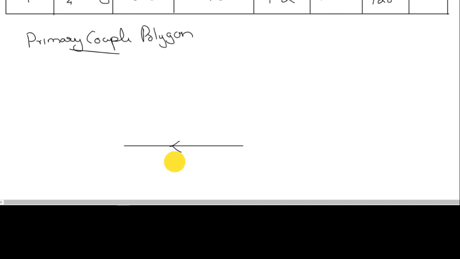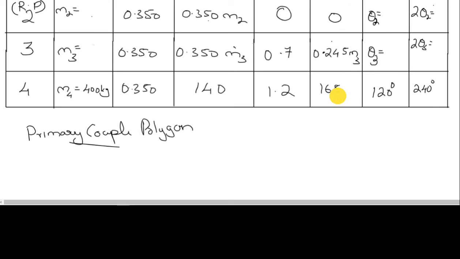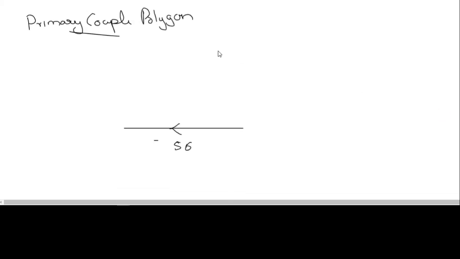So this is 56, and from that we will take this 168, which is at 120 degrees for primary couples. So you can use a protractor and place your protractor at this end and take the 120 from the outside.